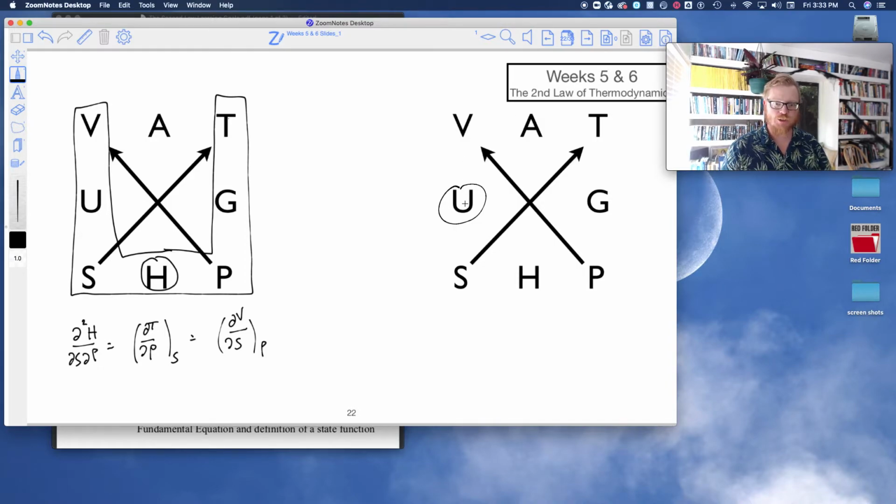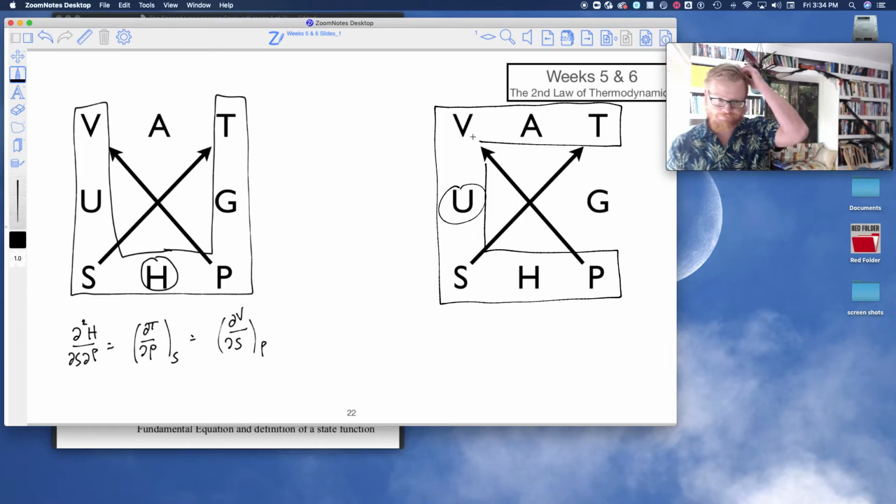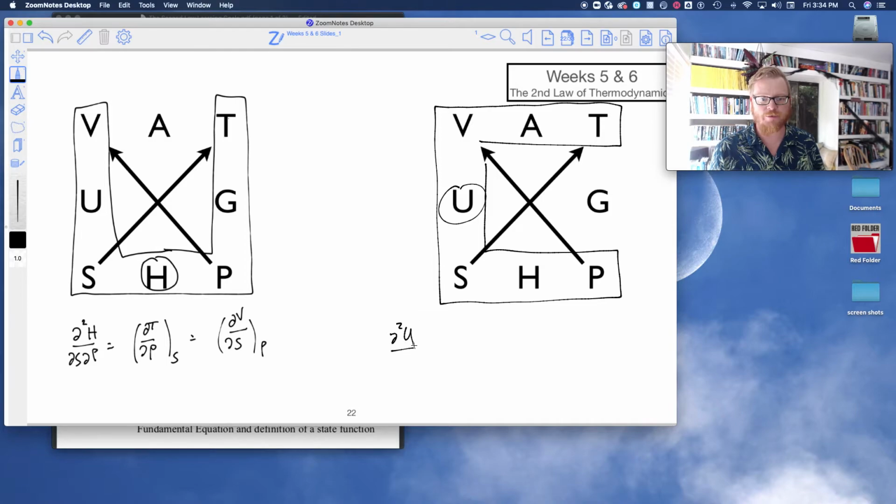Okay, let's do U. Now this thing is flipped on its side. So we're still going to make this little horseshoe, but we're going to rotate it. And now I can write U. I know it's a second derivative in U, and it's sandwiched between the V and the S. Partial of V, partial of S equals.